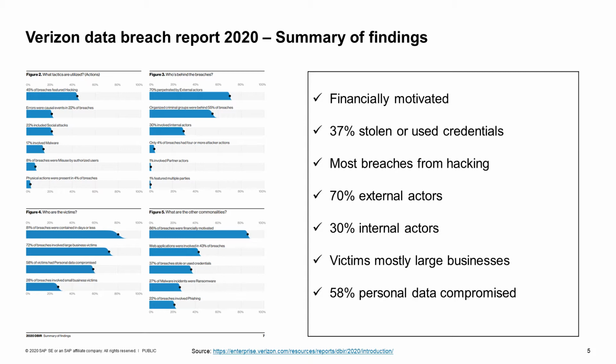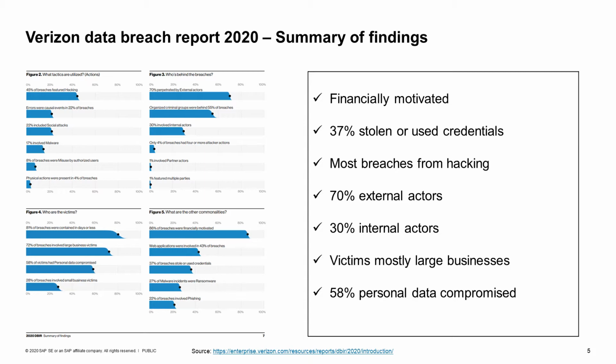So most hackers are financially motivated. 37% of the hacks used stolen credentials or credentials that were obtained. Either they were internal threat actors or they were using valid credentials. Most breaches came from hacking, although 75% included hacking, errors, and misuse.